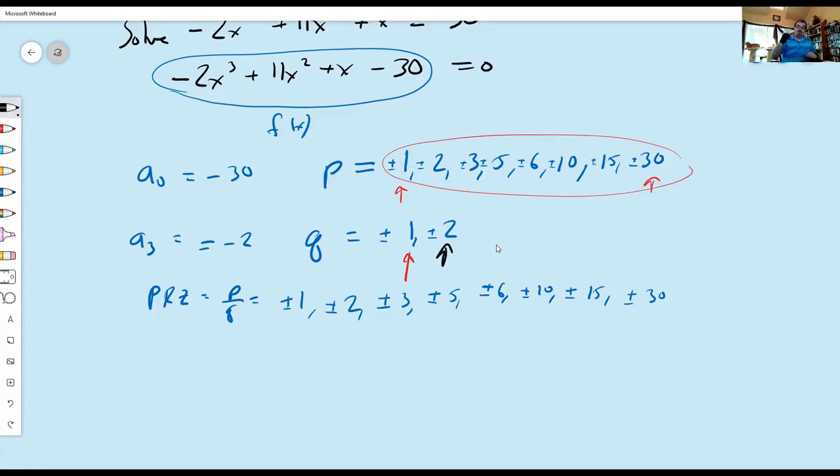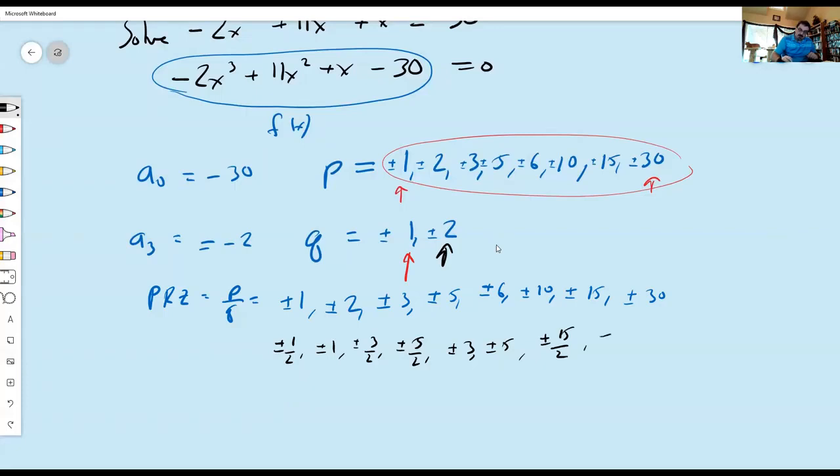Now we divide by positive 2. So 1 divided by 2 gives you plus or minus 1/2. 2 divided by 2 gives you plus or minus 1. 3 divided by 2 gives you plus or minus 3 over 2. 5 divided by 2 is plus or minus 5 over 2. 6 divided by 2 is plus or minus 3. 10 divided by 2 is plus or minus 5. 15 divided by 2 is plus or minus 15 over 2.